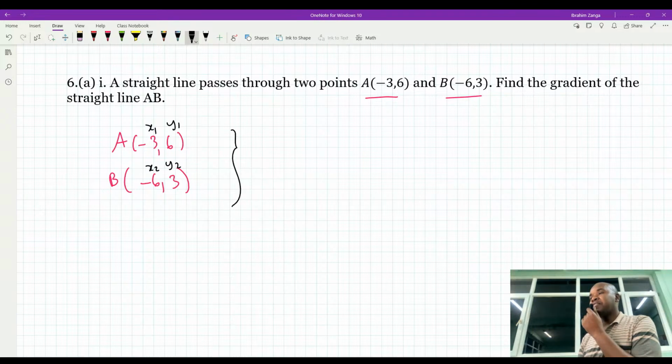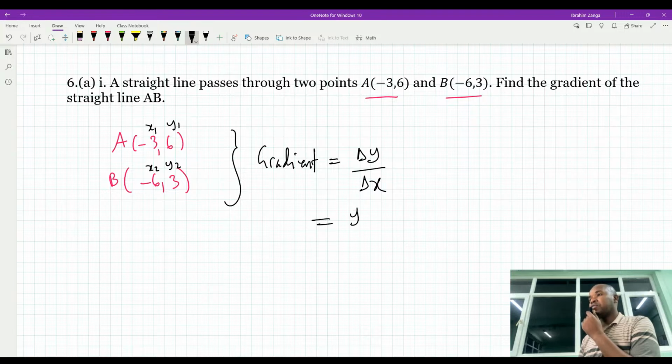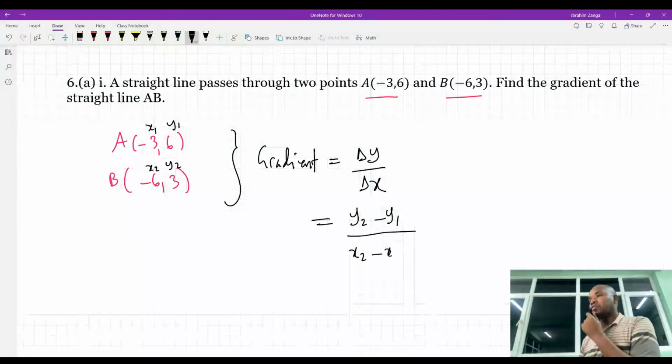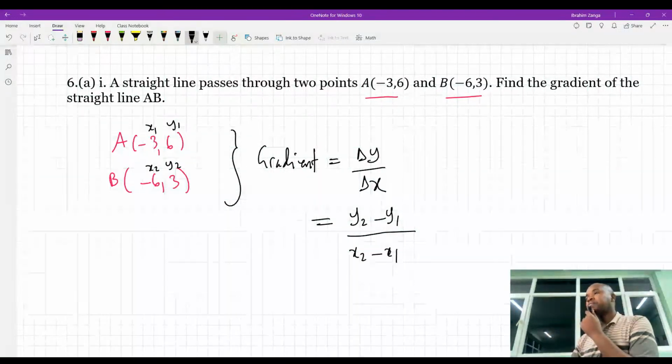So remember the definition of gradient. Gradient is change in y over change in x. So this is actually y2 minus y1 over x2 minus x1.